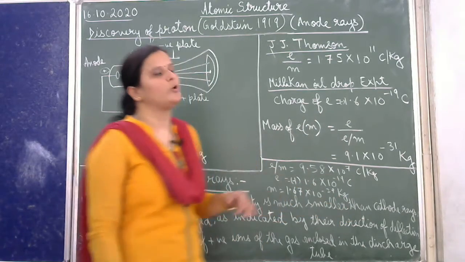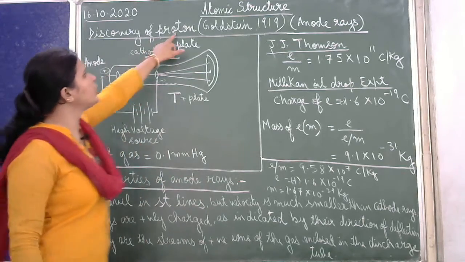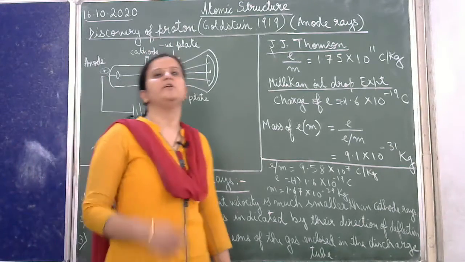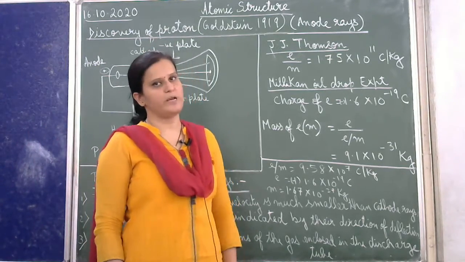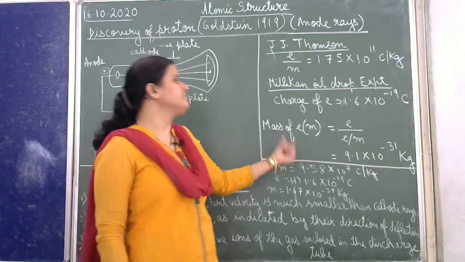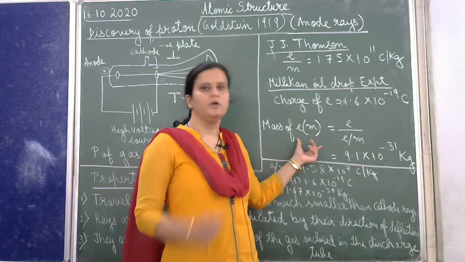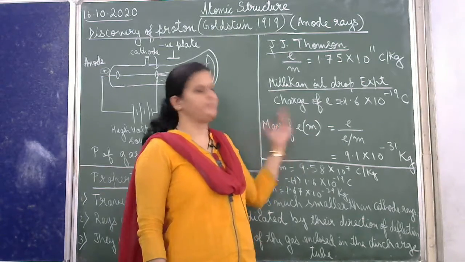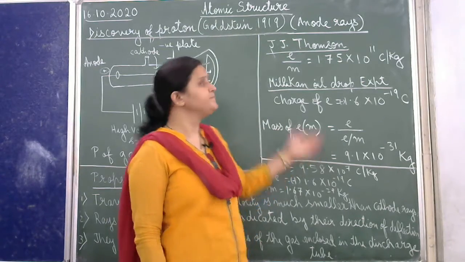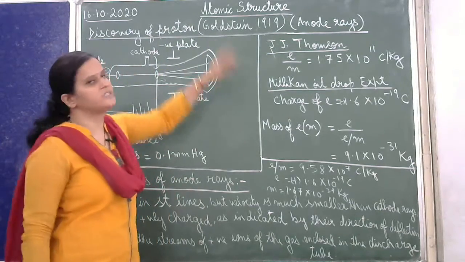Today we are going to start how the proton was discovered. Now, we know that an atom is electrically neutral. So, if an atom consists of a subatomic particle, the electron, which is negatively charged, as concluded by J.J. Thomson, there was another scientist, Goldstein.